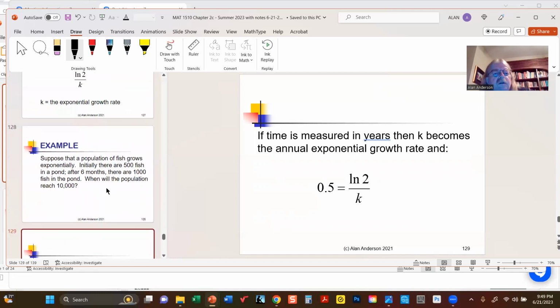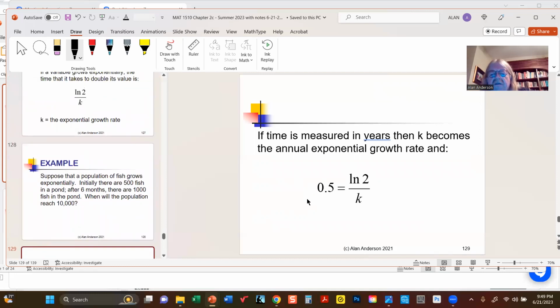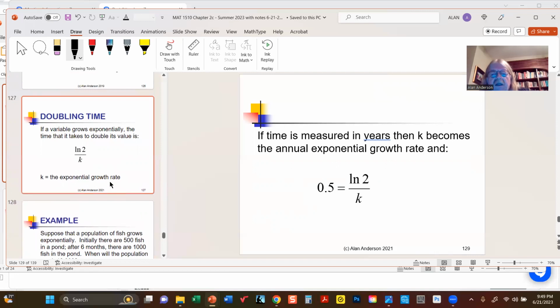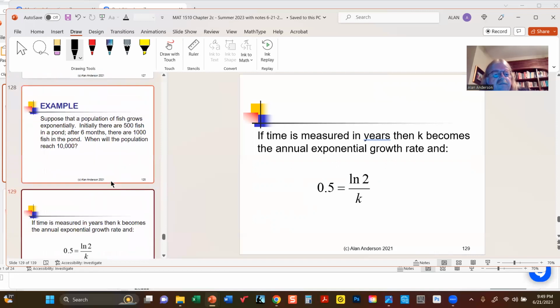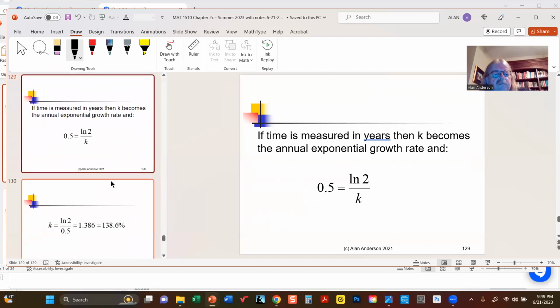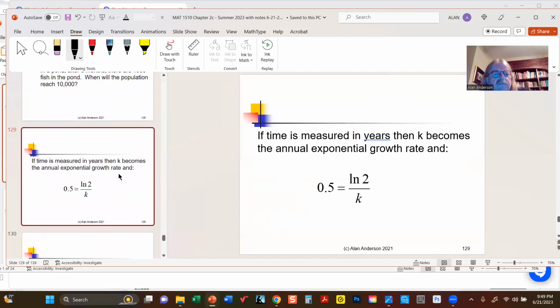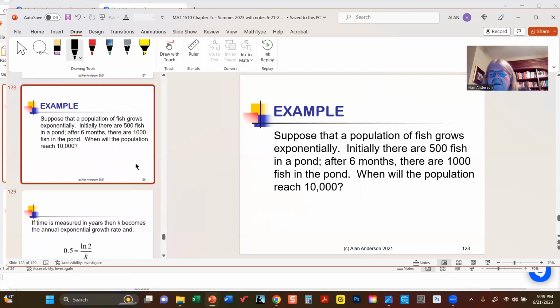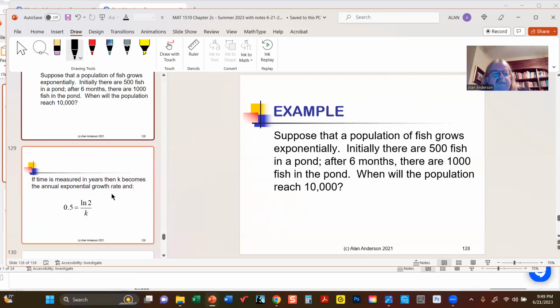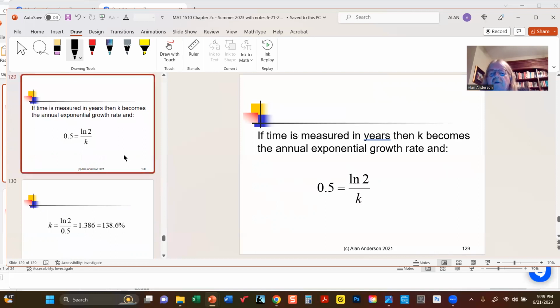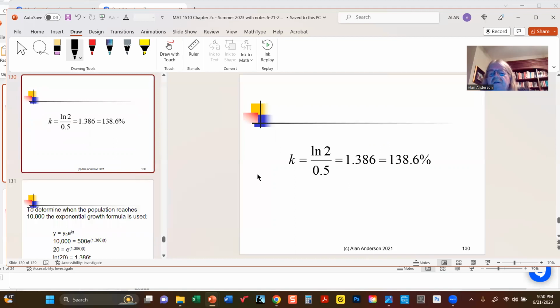So 0.5, so what we're basically saying is that the population initially was 1/2 of what it is now at 6 months later. So what this is saying is that the growth rate over those first 6 months, k, is 138.6%. Not bad.